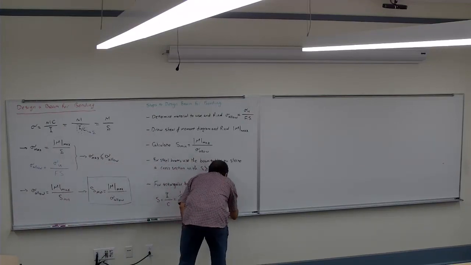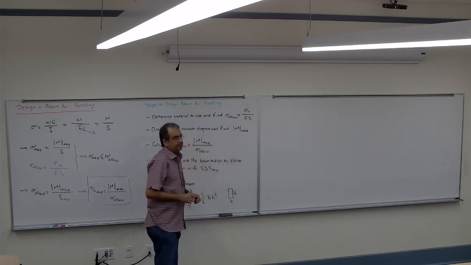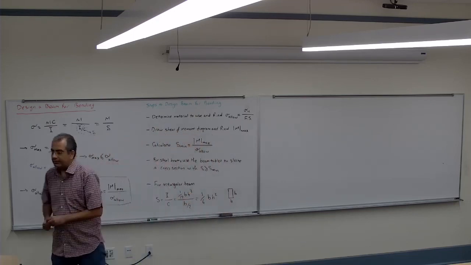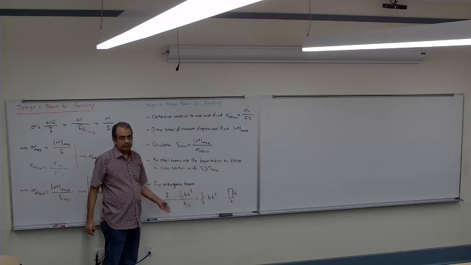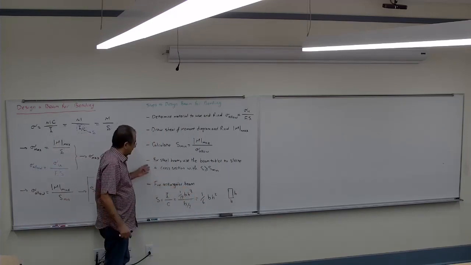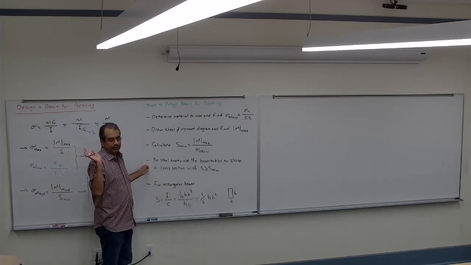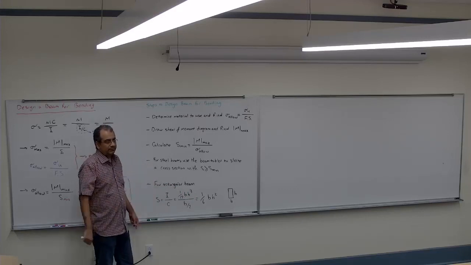So if I have a rectangular beam, you just use that equation to find the dimension. If you have a steel beam, you use the tables at the end of the book to find the cross section.